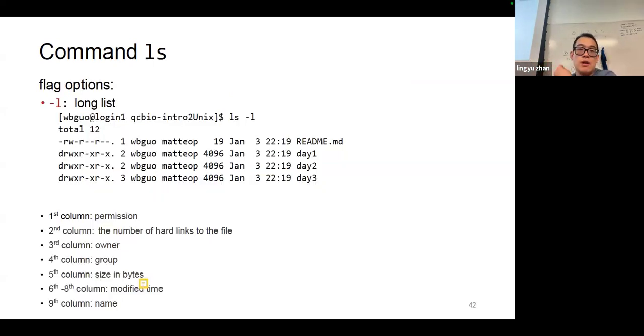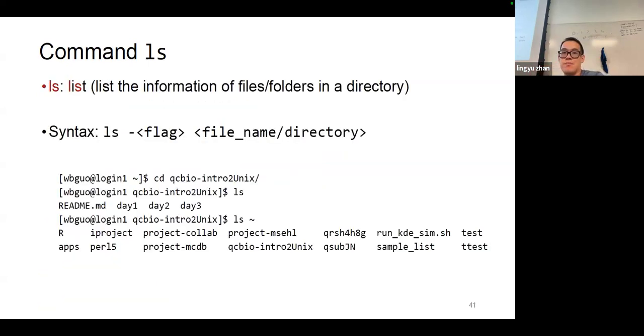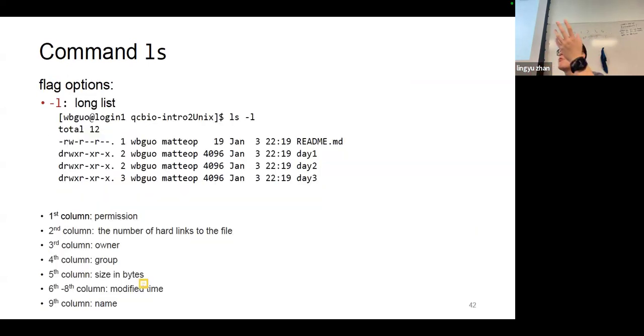Okay. So now we will talk about the third way of using the ls commands, which can be generalized to many other commands that we are going to talk about in the future, like later today and tomorrow. So for many commands, we can supply a flag or multiple flags.